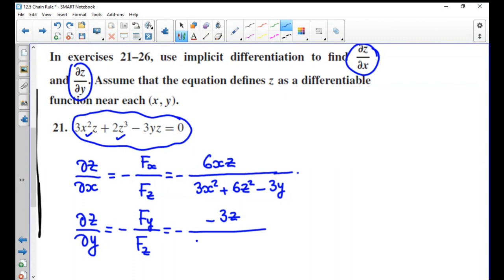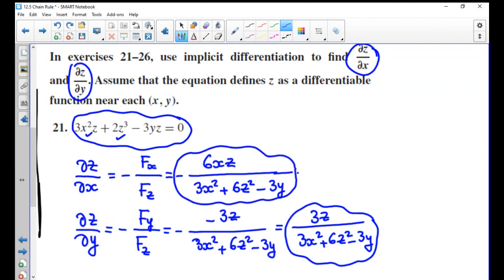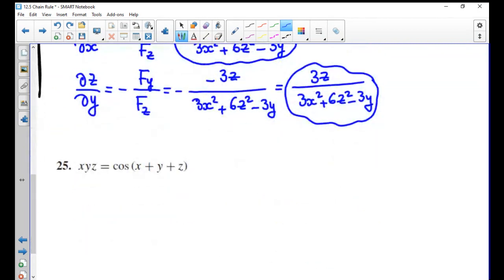And down, it's the same as we already have: 3x squared plus 6z squared minus 3y. These two minuses will give you a plus. So it's 3z over 3x squared plus 6z squared minus 3y. So we have this as the derivative with respect to y, and this as the derivative with respect to x. That's it.